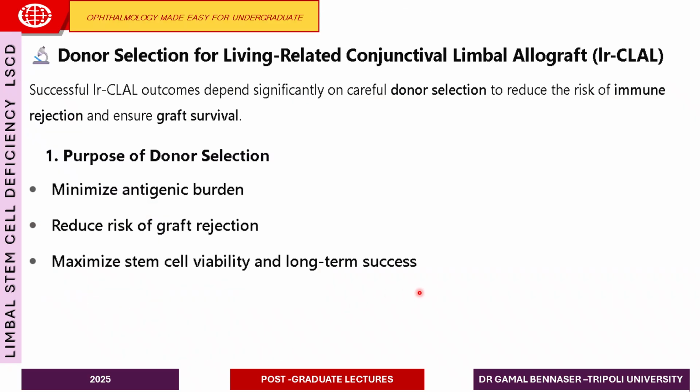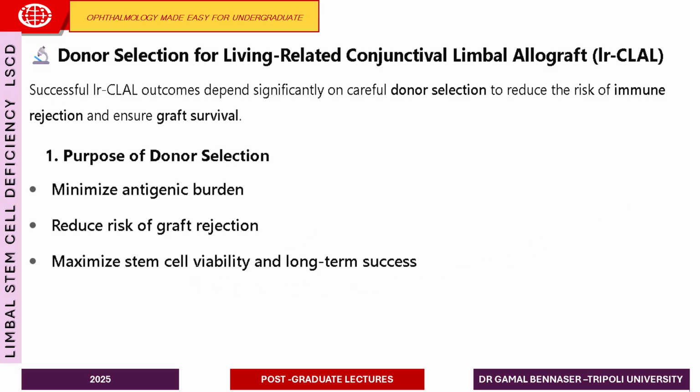Now, as I said, for the living-related conjunctival limbal keratoplasty, we need to apply selection criteria for the donor. There are certain investigations that we have to perform for the donor so that we minimize the risk of immune rejection of the graft. So the purpose of this donor selection is to minimize the antigenic burden, reduce the risk of graft rejection, and maximize the stem cell viability and long-term success.